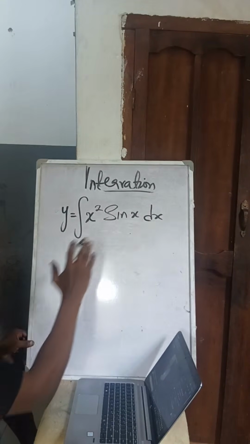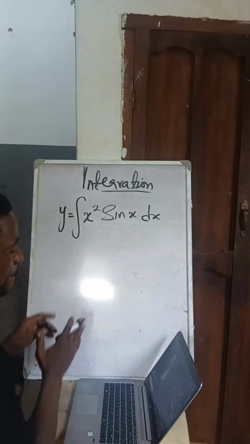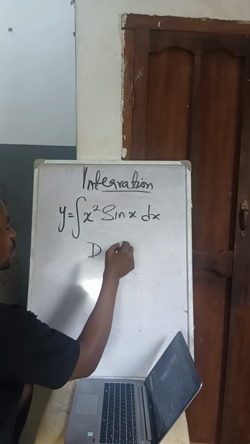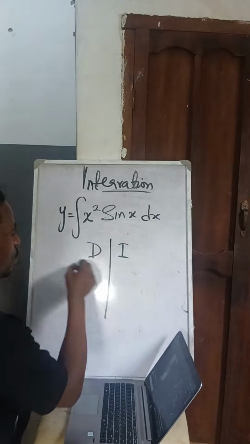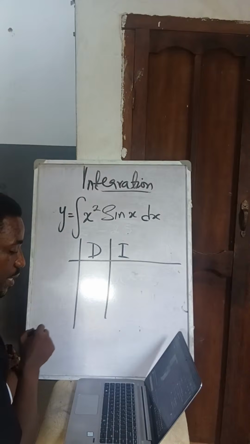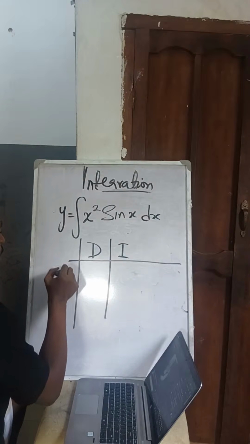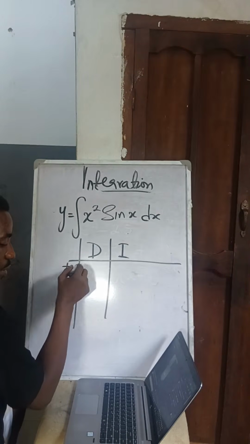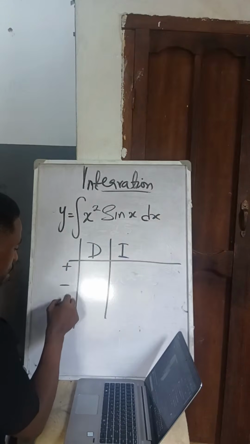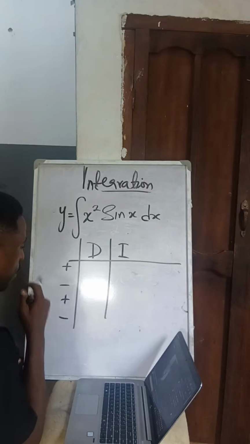This is integration by parts. So we are going to use the method called the DI method to solve this. Now, here we put plus, here we put minus, plus, minus.